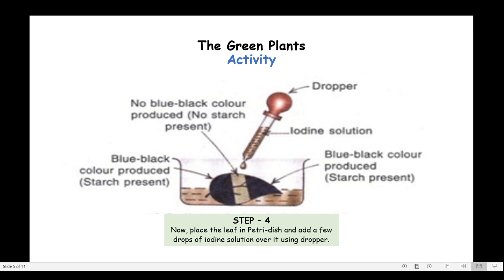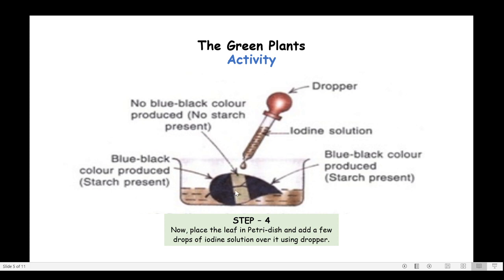So this was the activity, the test of starch in leaf. Here I repeat, when the iodine solution is poured over the leaf which has been decolored, the iodine turns blue-black in those areas which were exposed to sunlight, that means starch or food was made in those areas only.